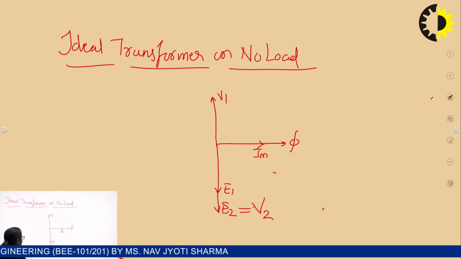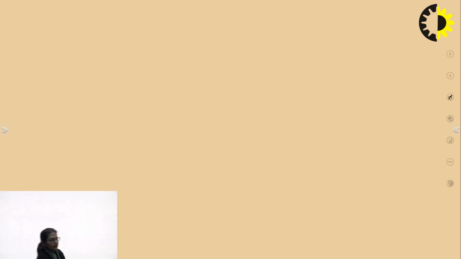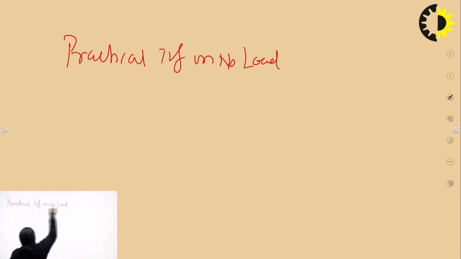Moving on with the second phasor diagram, this was the very first phasor diagram. The second is the phasor diagram of a practical transformer under no load. So what is the change in this?